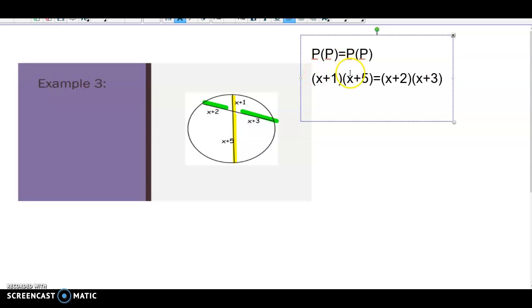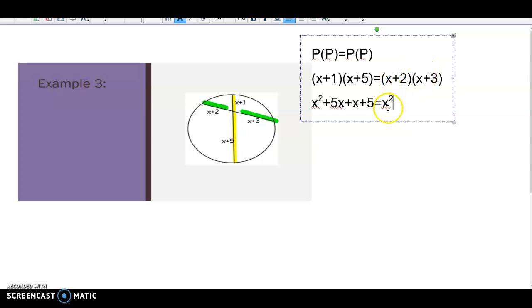So we're just going to say x times x, and then we would end up with x squared. Then plus x times 5, which is 5x, plus 1 times x, so we have x, plus 1 times 5 is just 5, is equal to the same thing on the other side.